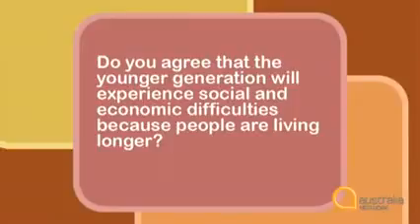It's a good idea to reword this type of question into a yes-no question, like this. Do you agree that the younger generation will experience social and economic difficulties because people are living longer? Yes or no? You could think, yes, I agree completely, or perhaps, yes, I agree with some of this, but disagree with other parts of it.